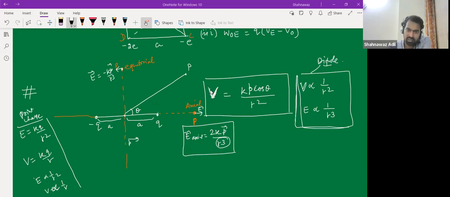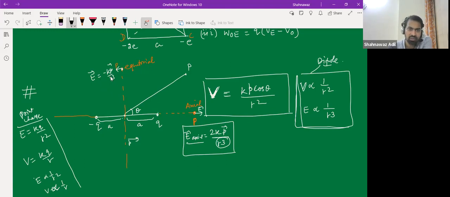We were discussing that this is the potential of a dipole, Kp cos theta by r square, right? And this is the axial point for a dipole, and this is the equatorial point. For the axial point, the electric field is 2 kp by r cube, and for the equatorial point it is minus kp by r cube.